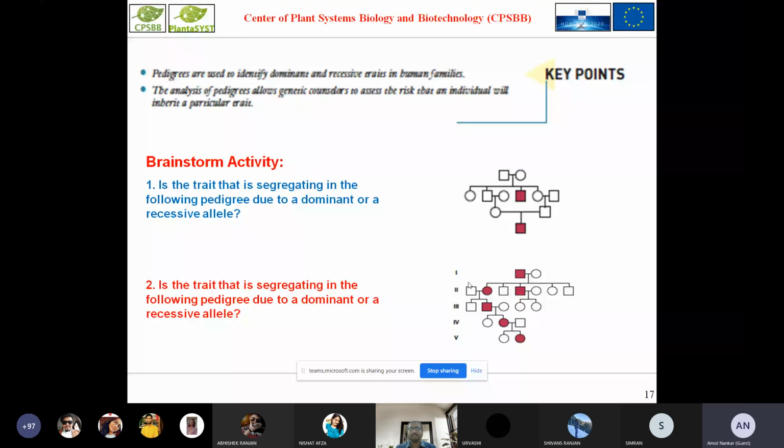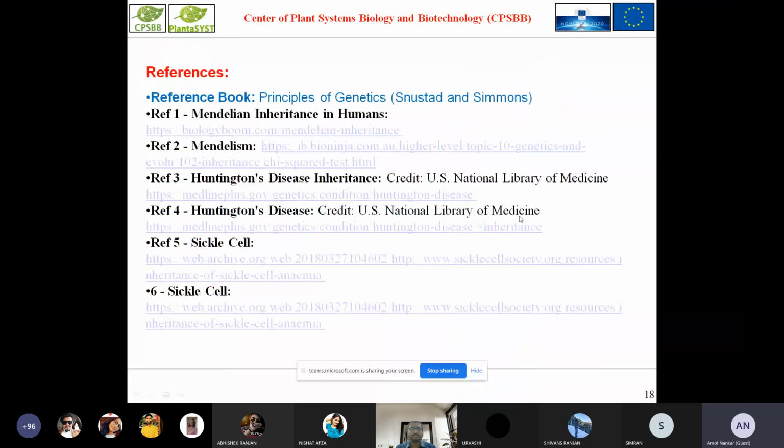Pedigree analysis really allows us to identify the potential risk of how an individual will inherit a particular trait. And we have this little brainstorm activity. Just on your right there are two pedigree charts, and you would like to say which one is dominant and which one is recessive.